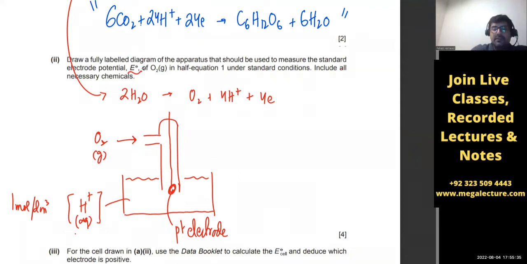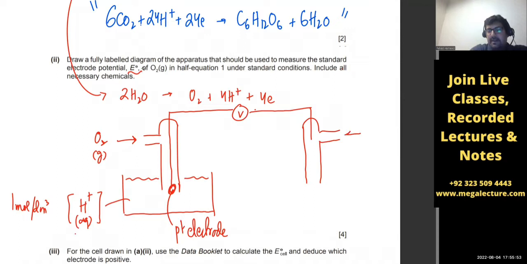So what you'll do is you'll take a voltmeter. What would you connect the voltmeter with? All potentials are measured against the standard hydrogen electrode. So there's going to be another electrode, which is the standard hydrogen electrode. In that electrode, there's going to be H2 gas, and H+ ions in the solution.